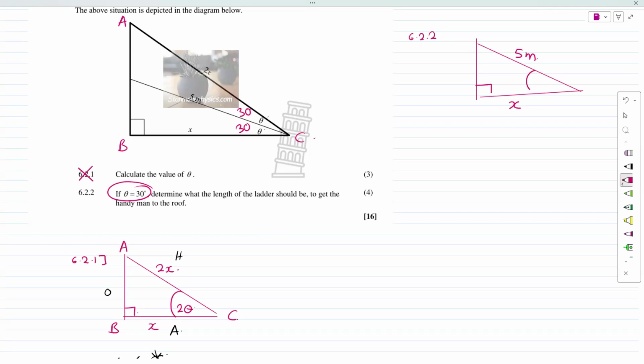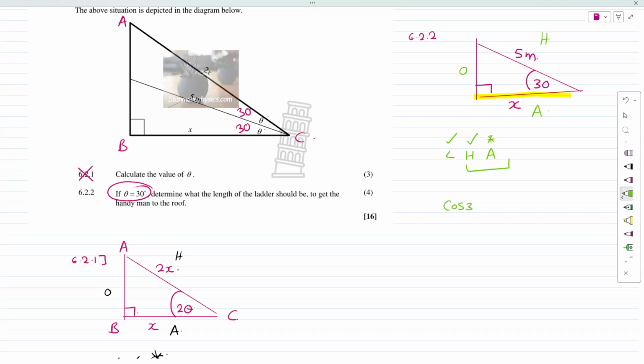There are a lot of ways we can do it, but let's calculate x because that's the only one we can fully calculate. In terms of 30, that's opposite, hypotenuse, and adjacent. So we got our angle, we got our hypotenuse, and we want to calculate adjacent. In terms of SOHCAHTOA, this is cos.